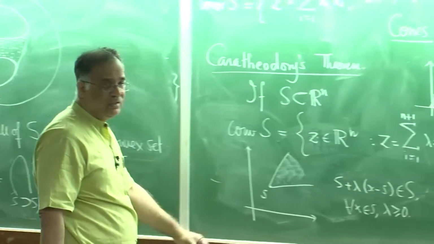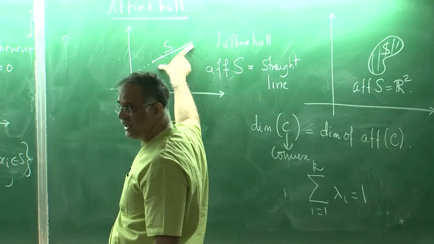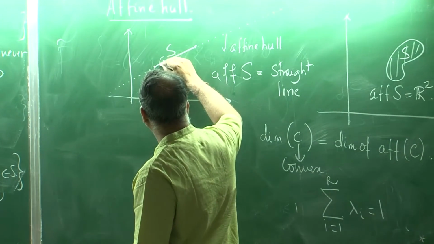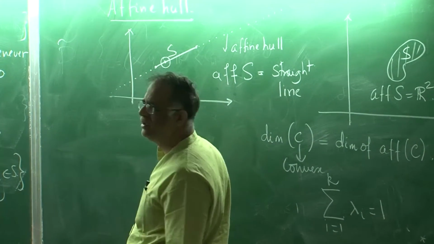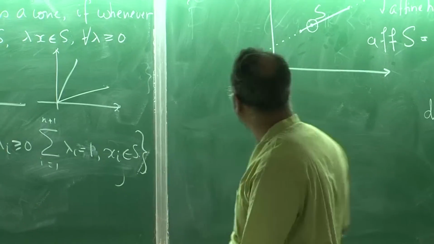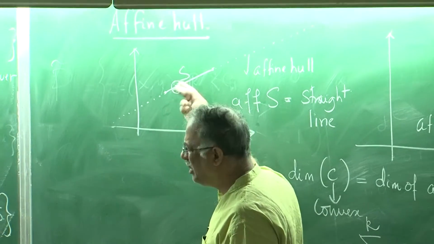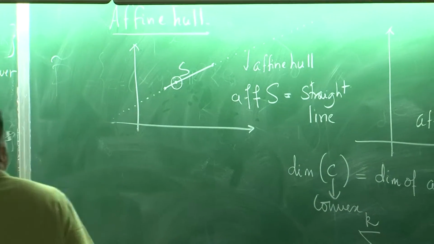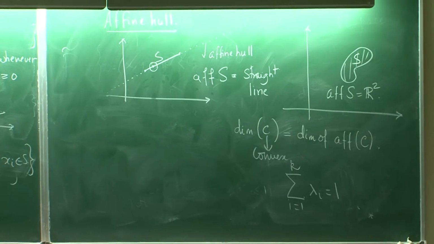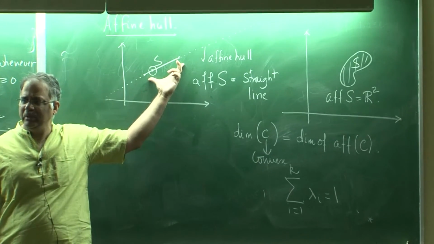If I take any point here, this is a convex set, actually a line segment. However small the radius, it does not matter, I take a disk, because in R2 my neighborhood is a disk. Disk means everything inside, not the boundary, but we are just drawing the boundary. However small the radius of the disk may be, this disk can never be a subset of this line.